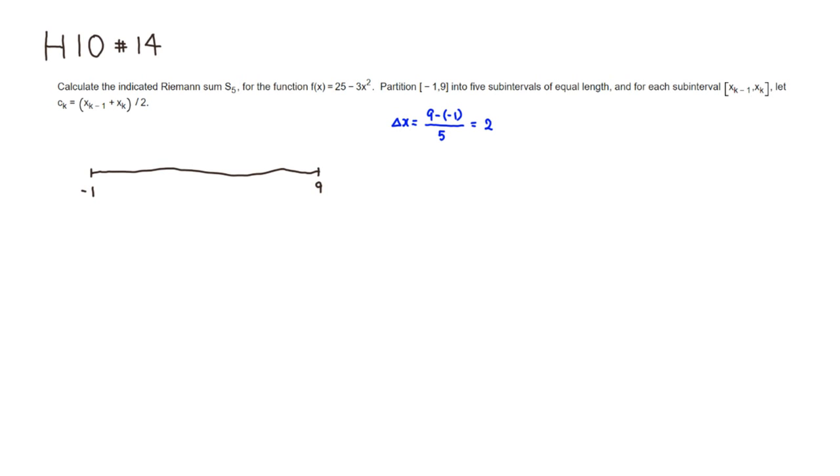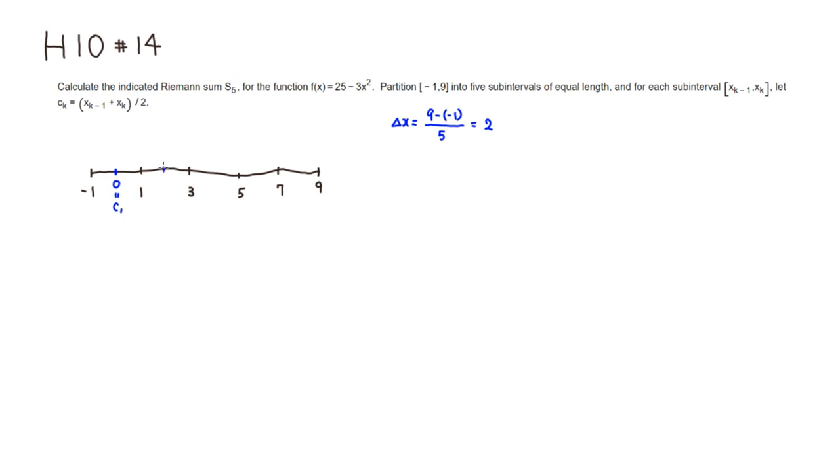So we divide into 5 subintervals: 1, 2, 3, 4, 5. Since this starts at -1, the endpoints are going to be 1, 3, 5, 7. Then c sub k is going to be the midpoint. So the midpoint here is 0, which is C1.